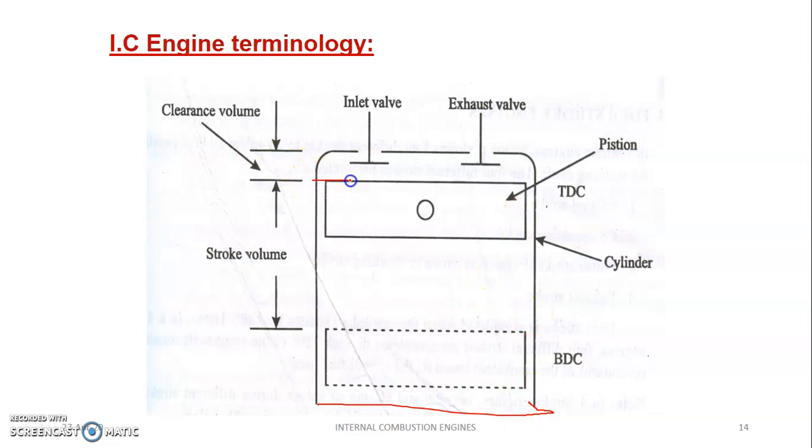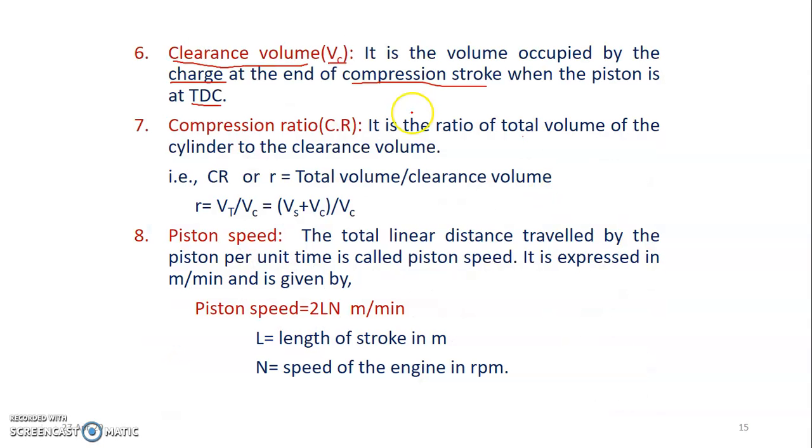The ratio between the total volume and the clearance volume we call the compression ratio, and it is denoted by R. So R is equal to total volume divided by clearance volume. You will get the compression ratio of the internal combustion engine, and it is very important in the internal combustion engine to compress the air and fuel mixture and to burn it properly inside the engine cylinder.